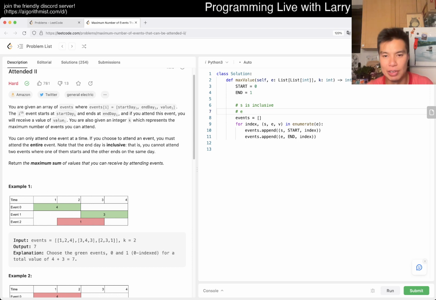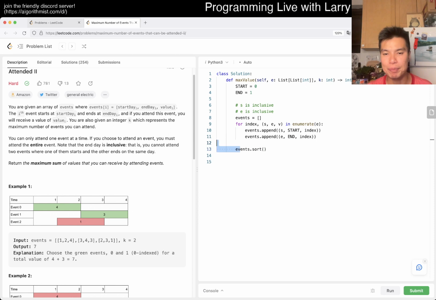You don't have to, but in this case, thinking it through, we want to. So inclusive should be okay. Otherwise you might have to do E plus 1 or something like this, but here we don't. And then now we sort, and I kind of skipped over a little bit, but all this matters.